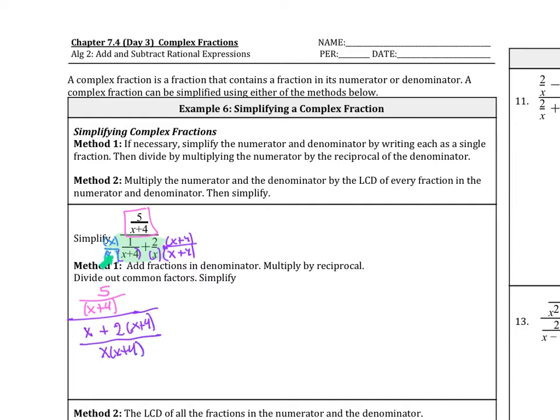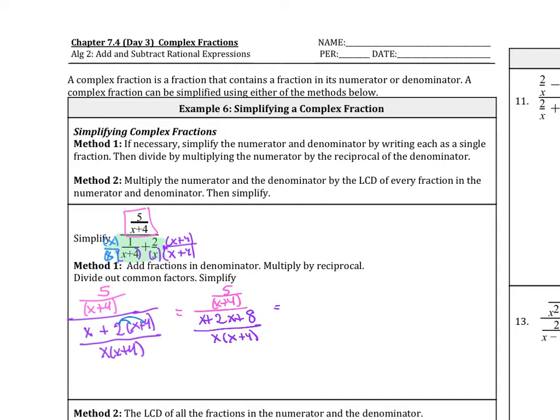They're the same because we multiplied by it, so we can put it under the same fraction. Now let's distribute the 2 to the x and the 4. So we have 5 over x plus 4, and then x plus 2x plus 8 all over that common denominator of x times x plus 4.